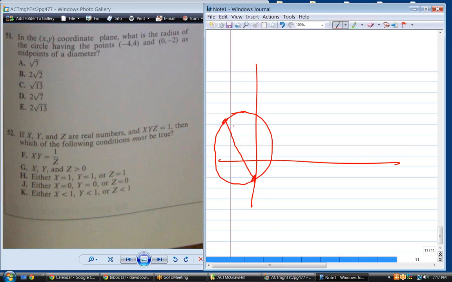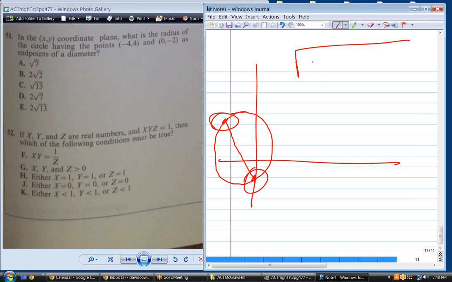So how do we figure out the distance between those points? Distance formula. Which is? Square root of x2 minus x1 squared plus y2 minus y1 squared. And these you can go in any order you like because it's going to get squared. And it doesn't matter, and you don't even have to be consistent.